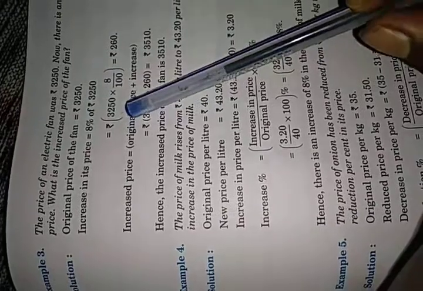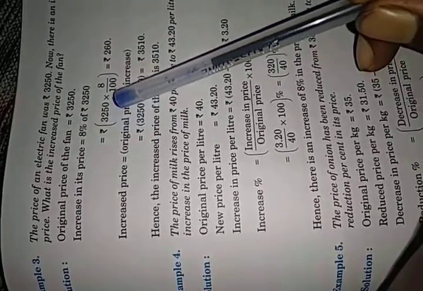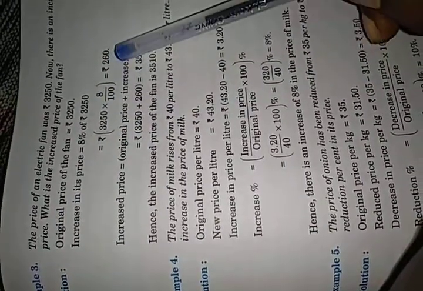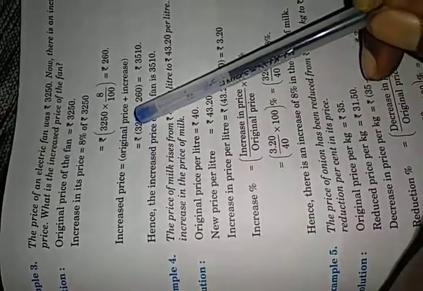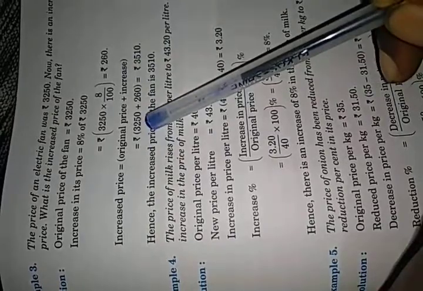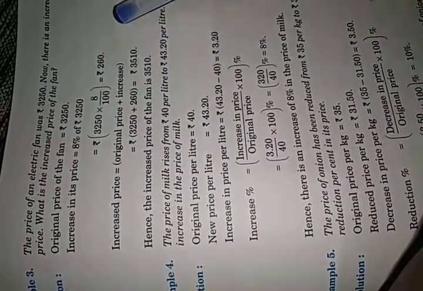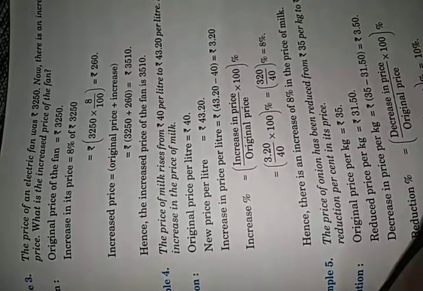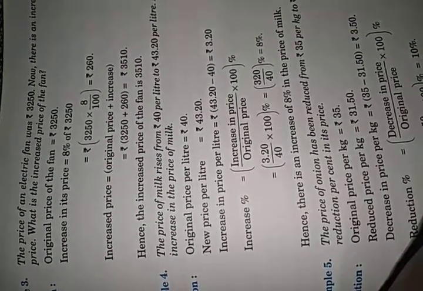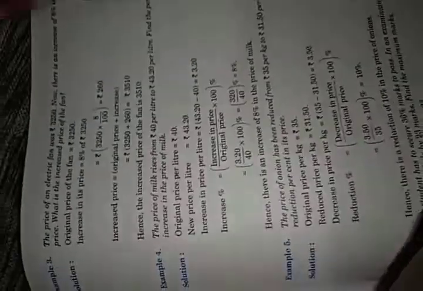So let us find its 8%. 3,250 into 8 by 100 is rupees 260. Hence, increased price is equal to original price plus increase in price, rupees 3,250 plus 260, which is equal to 3,510. Hence, the increased price of the fan is 3,510.